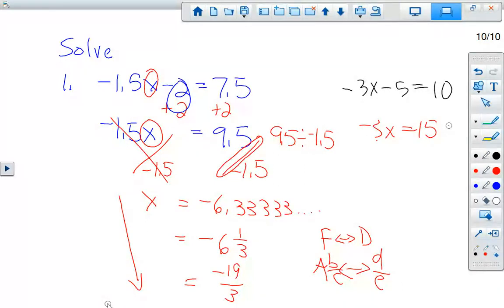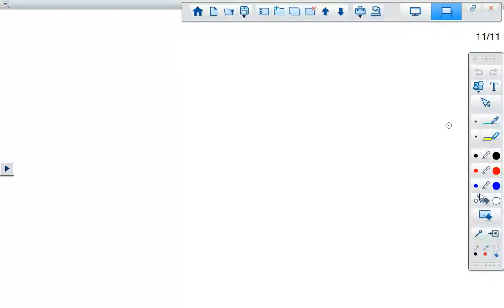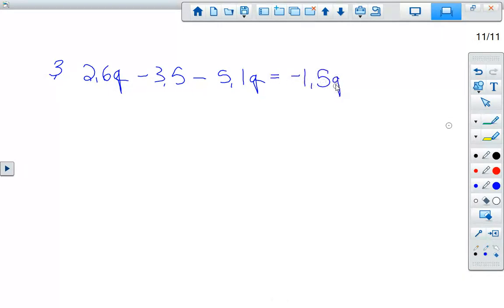All right, let's go ahead and do number 3. We'll skip a couple of these. How you approach the problem is the same, but make sure when you're looking at this, 5.1, you see it's a decimal now, it's not multiplication. Okay.